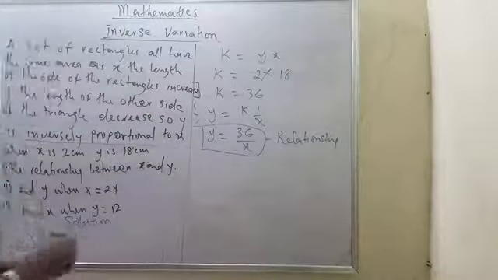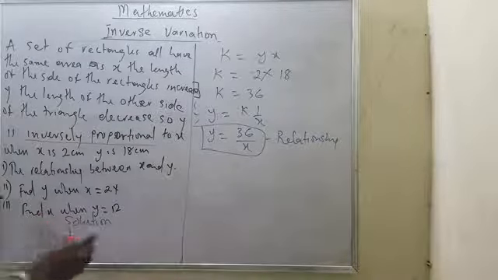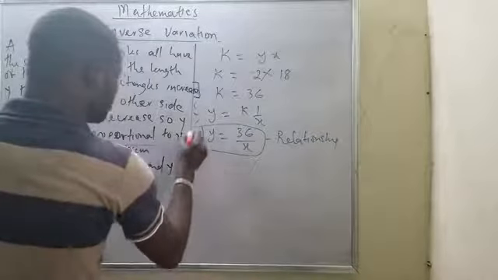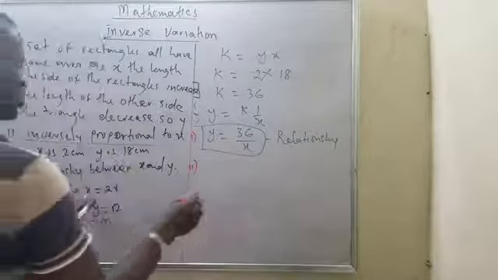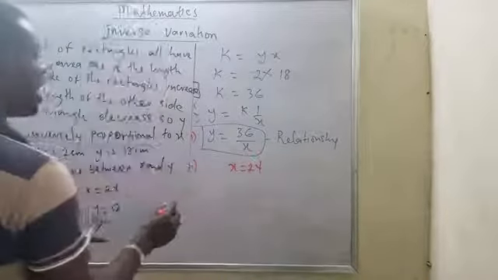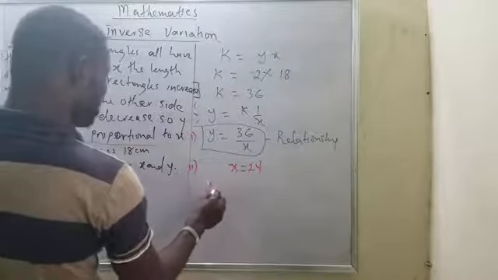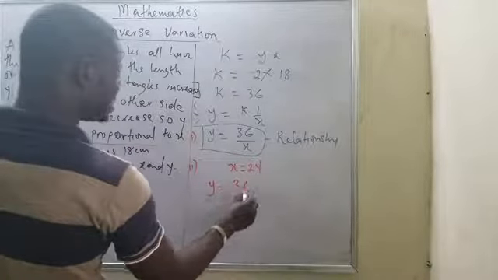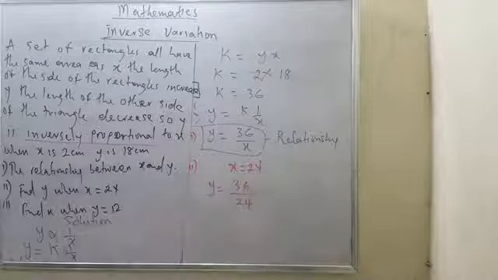That is the relationship. Since I know the relationship, I can now move on to the second question, which asks us to find y when x is equal to 24. Now, y equals 36 divided by 24.